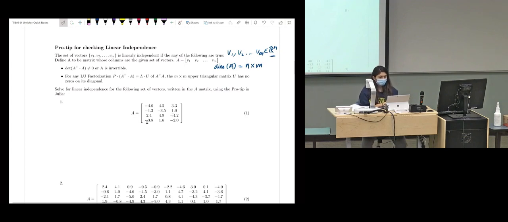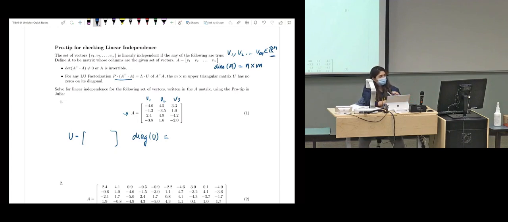So if you were given three vectors, say V1, V2, V3, and I asked you if they were linearly independent, you would stack them in an A matrix like this, find the LU factorization of A, get a U matrix right here, and then look at the diagonal elements of U. If you find a 0 in there, it means the set is not linearly independent.